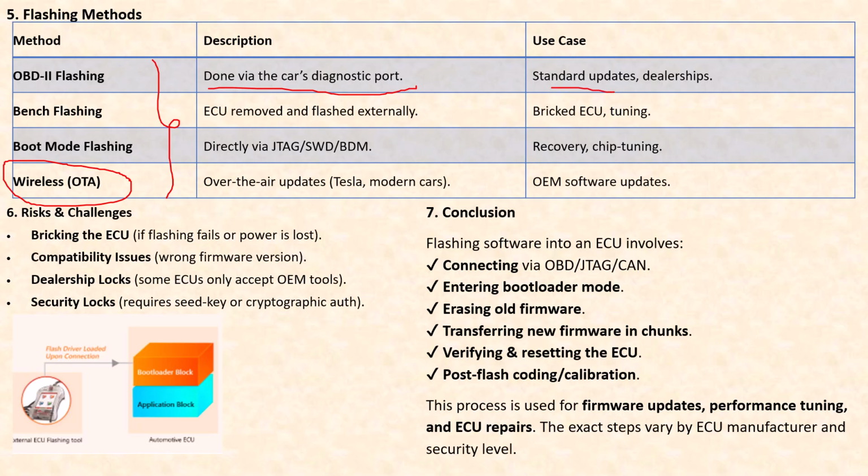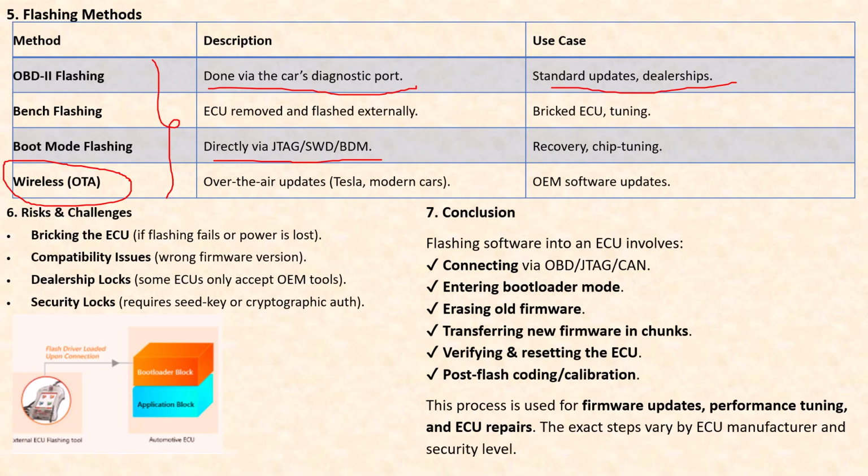This is for standard updates at dealerships. This is how most of the standard software flashing happens. Next is bench flashing, where the ECU is removed and flashed externally. Next is boot mode flashing, directly via BDM or SWD or JTAG. And next, of course, is the wireless OTA, over the air updates, in Tesla and modern cars.